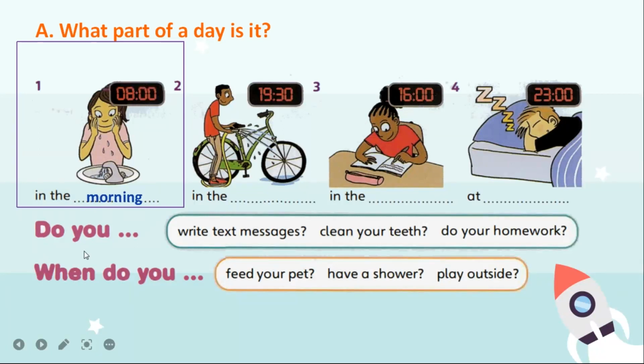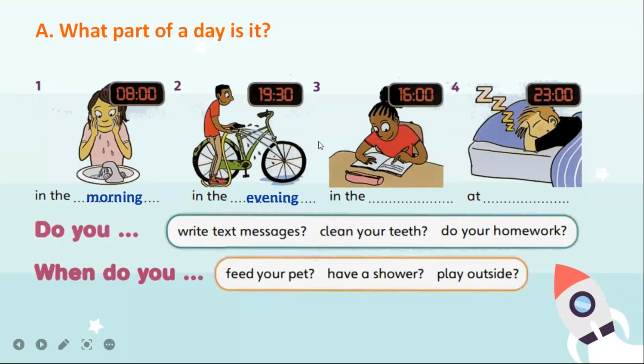You say at 8 o'clock. Okay, so please remember that one. How about number two? In the evening. Very good. How about number three? When do you do homework? That is 16. So that means 4. It is in the afternoon. Very good. So when do you sleep?